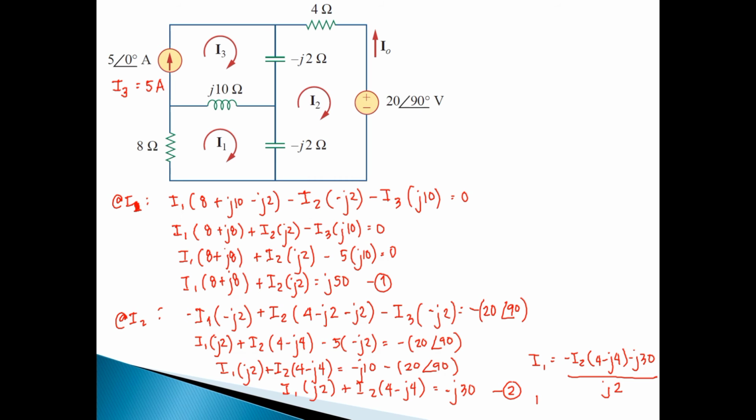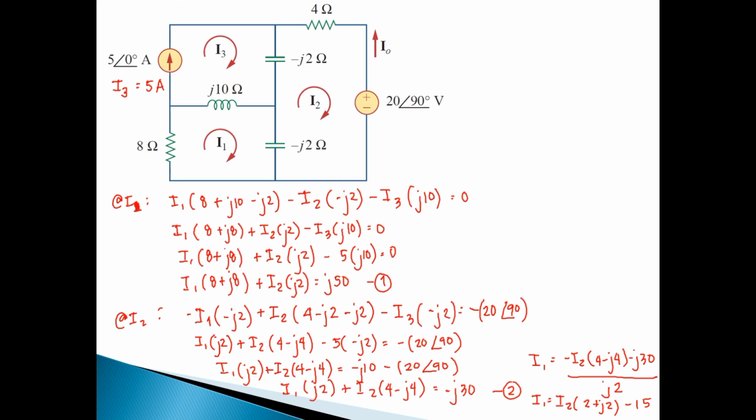So I1 is equal to I2 times 2 plus j2, and then negative 15.